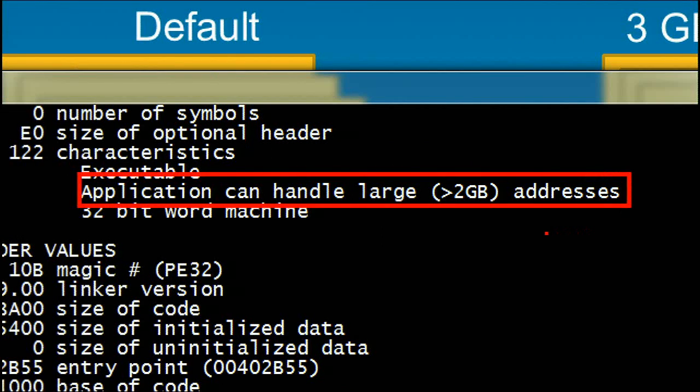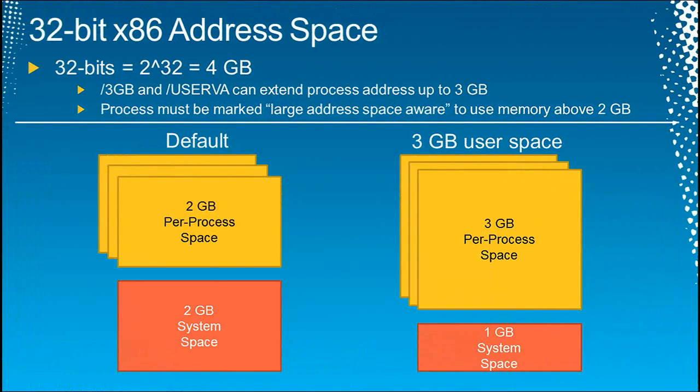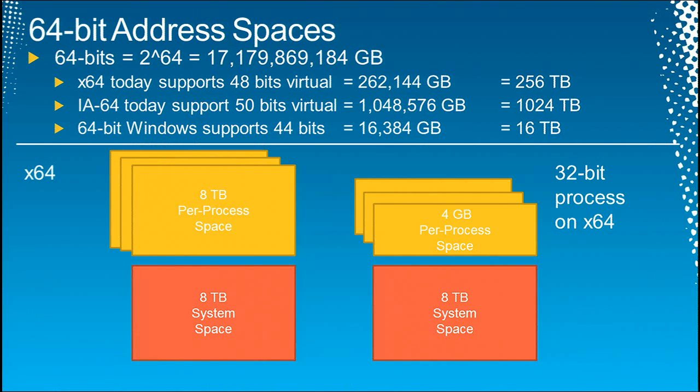So on 32-bit Windows, if you booted /3GB, Testlimit would actually be able to use it. And on 64-bit Windows, as you will see, Testlimit gets full 4 gigabytes. So any large address space aware app on 64-bit Windows can get just a solid 4 gigabytes. It doesn't need to split that with the system because the system's got its own 8 terabytes down there.